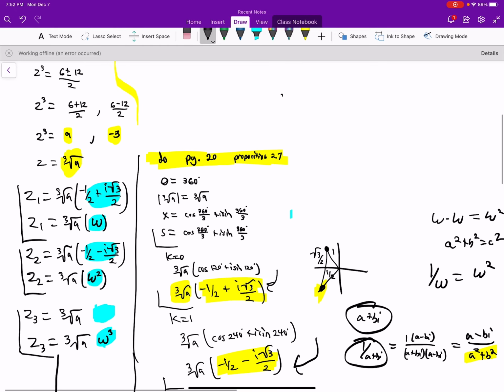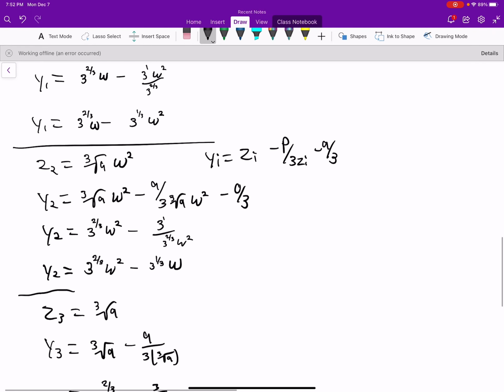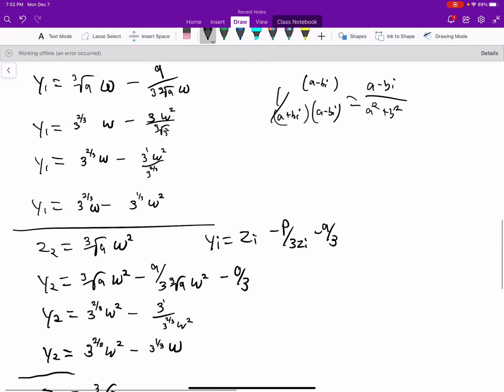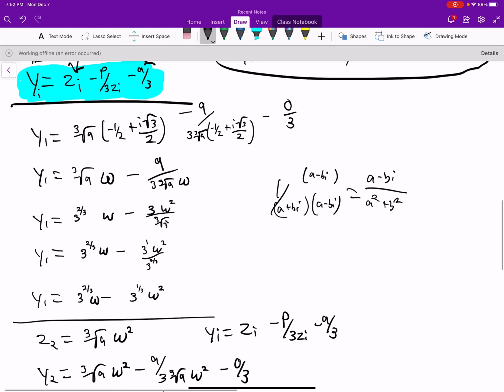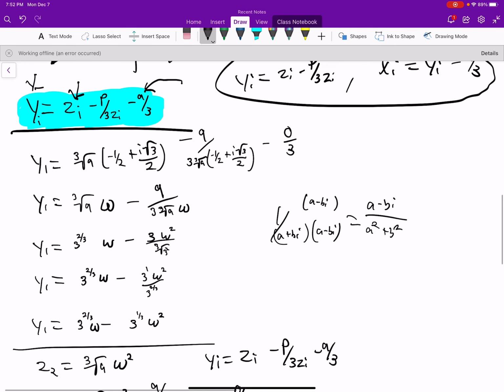Okay, so we are chugging along, and we are now here where we talk about this A value. Right here is what we're looking at. So this A value is 0. So this simplifies to 0 over 3 for all 3 of them. So we basically don't need to worry about them too much.